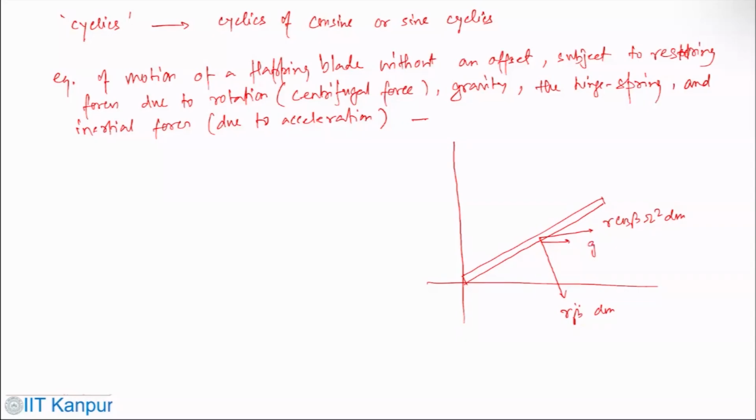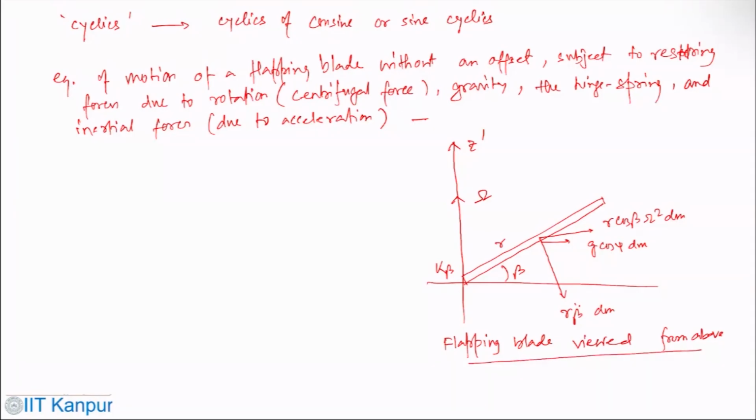The other force is G cos psi dm. This is beta. This is R omega. Here you have k beta. Okay. This is a flapping blade viewed from above.